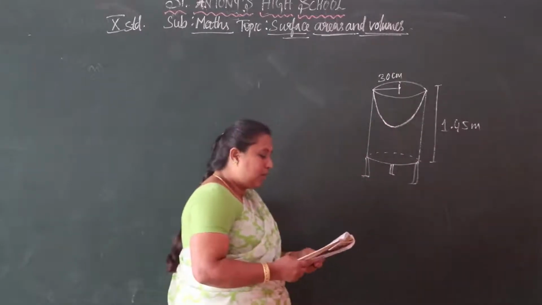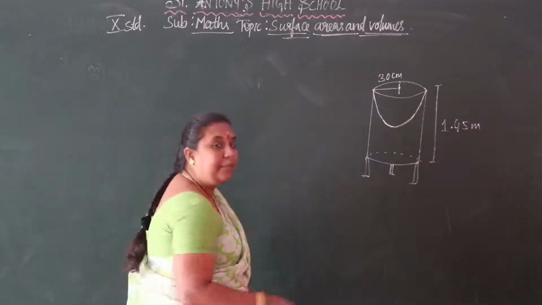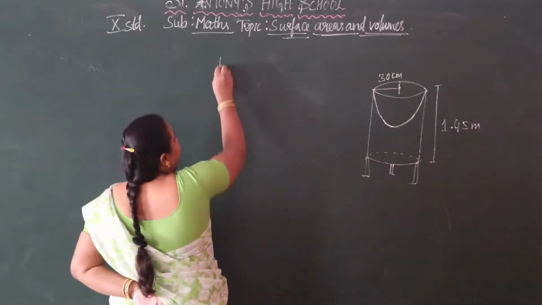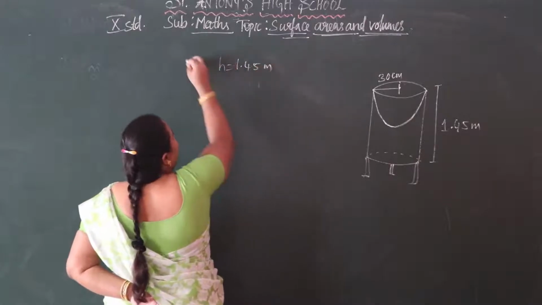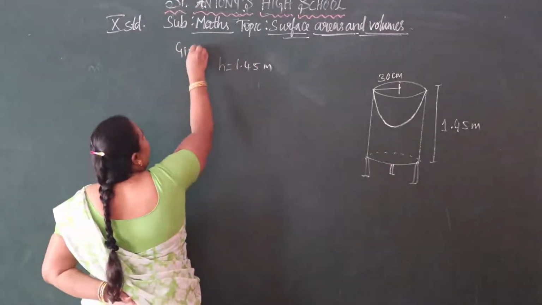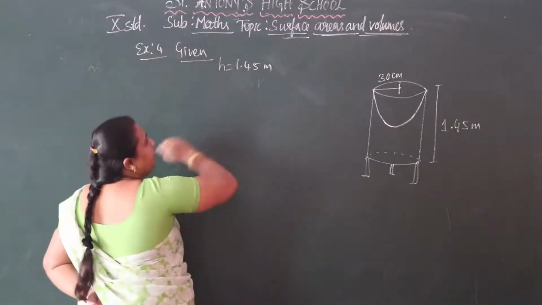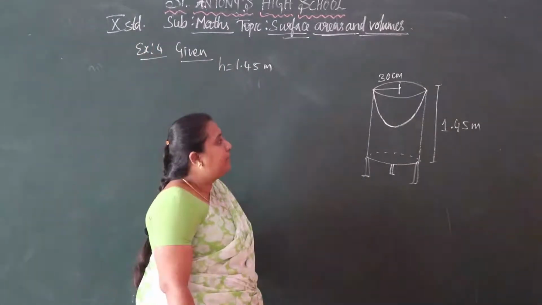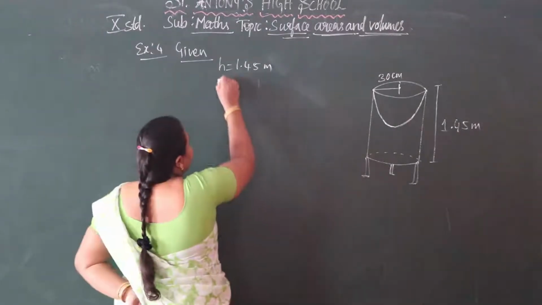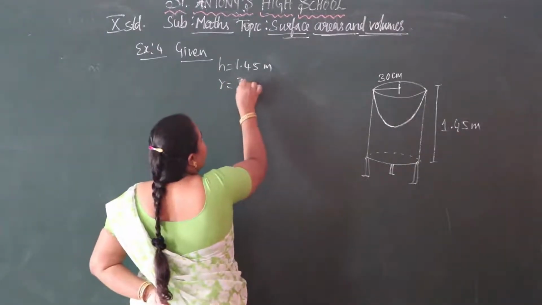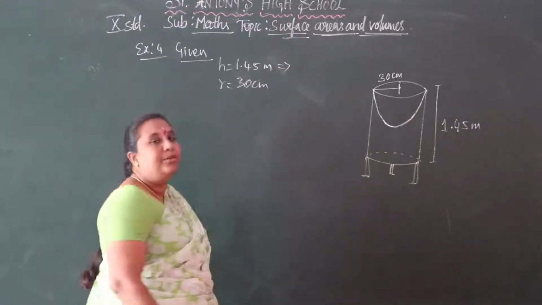So what measurements are given here? Example 4: the height h equals 1.45 meter and the radius r equals 30 centimeter.